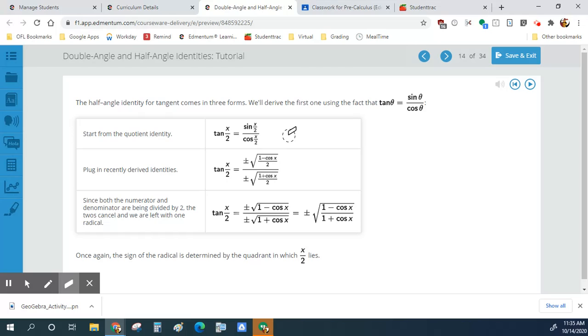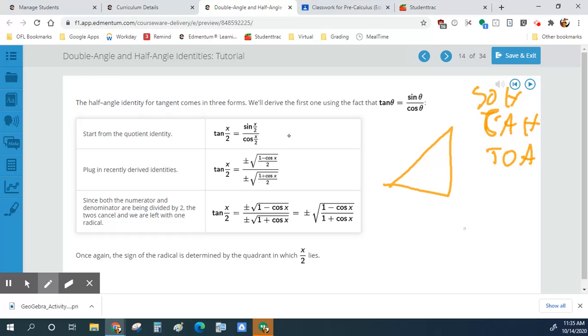If you guys need a refresher on that, if we do SOHCAHTOA, oops, I forgot the ka, SOHCAHTOA, if we looked at tangent, tangent could be this over this.